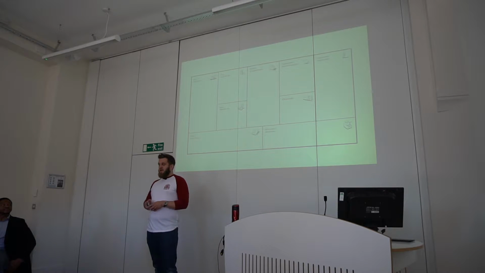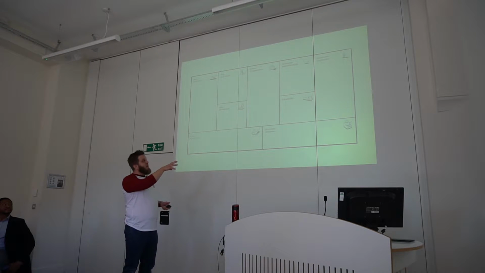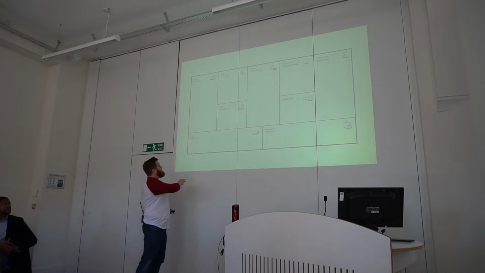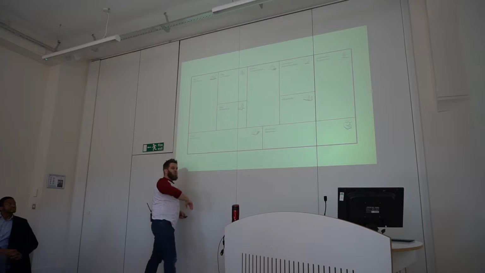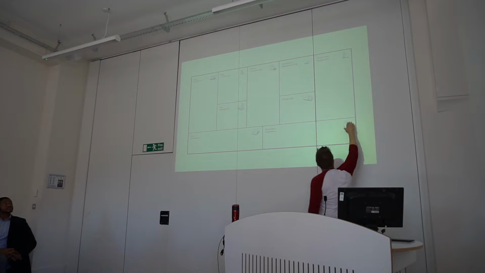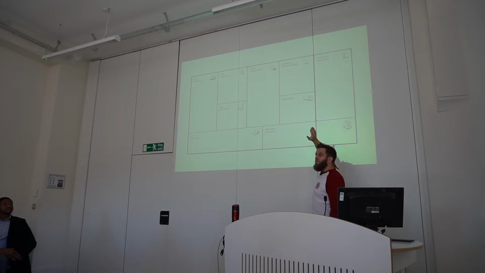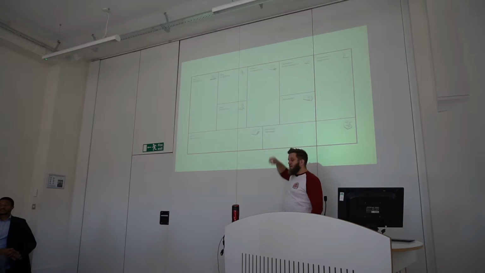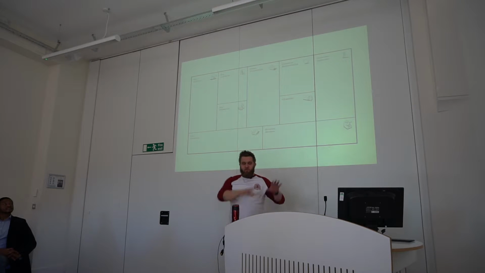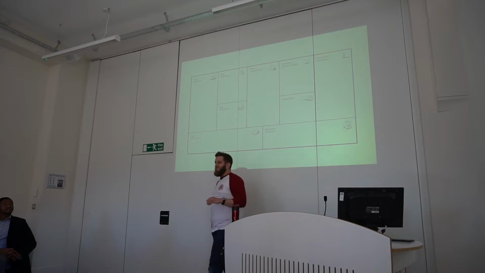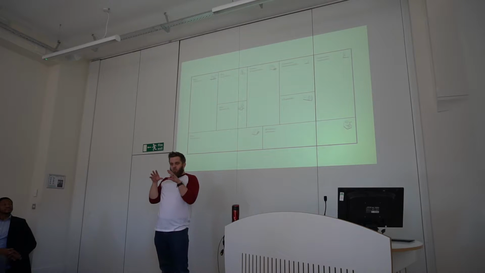Okay. Now, in terms of the canvas, we don't actually start over here. We start over here. Some of you who I've taught before will remember that. The reason for that is we need to start with the concept of the customer and the value proposition. Now, I'm going to delve into those in detail, but why do we need to start with the customer?